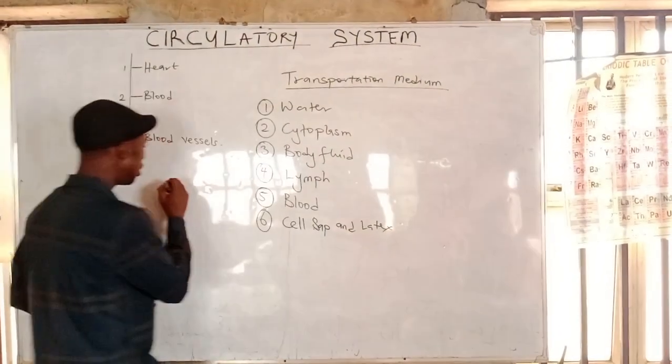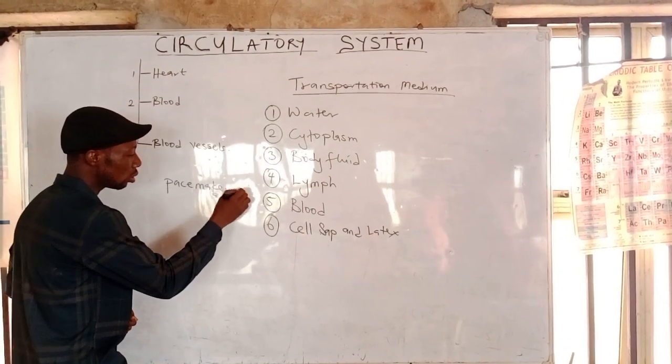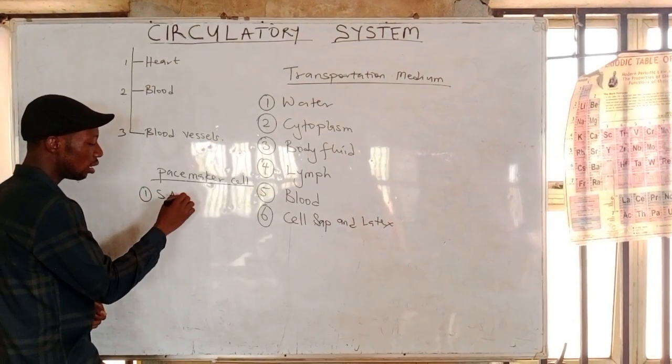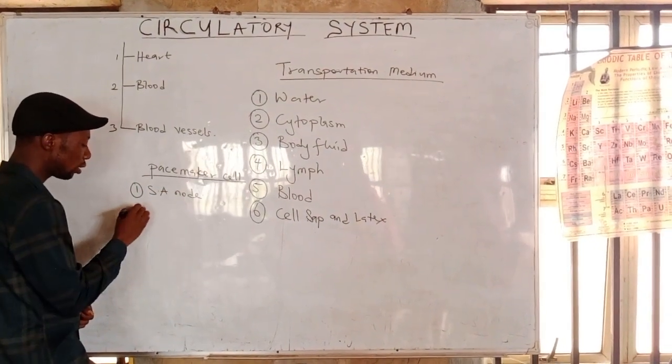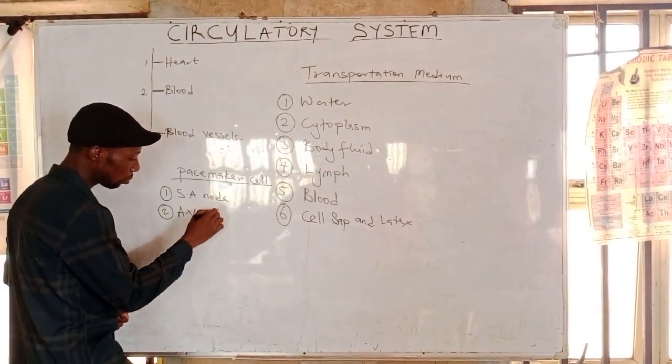The first one is the SA node. Secondly, here we have the AV node.